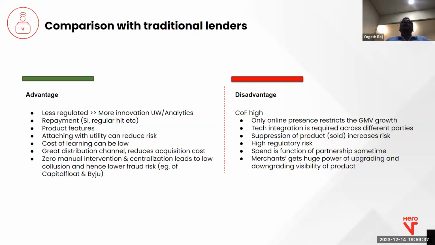If you are not repaying, they just disconnect your electricity connection. So any lending, if it is attached with some utility which the customer needs, helps a lot in curbing credit risk. So that becomes very, very important.